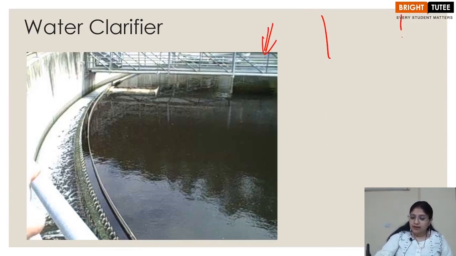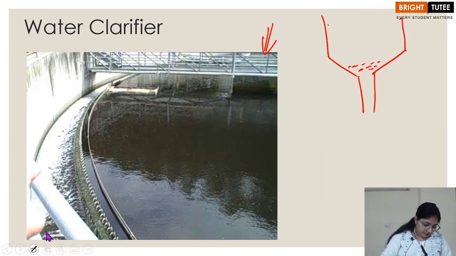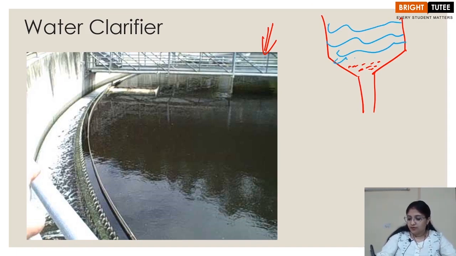Once the feces, that is the solid waste, settles, it is removed from the bottom of the tank. So this is one of the tanks which is also called the water clarifier, right?